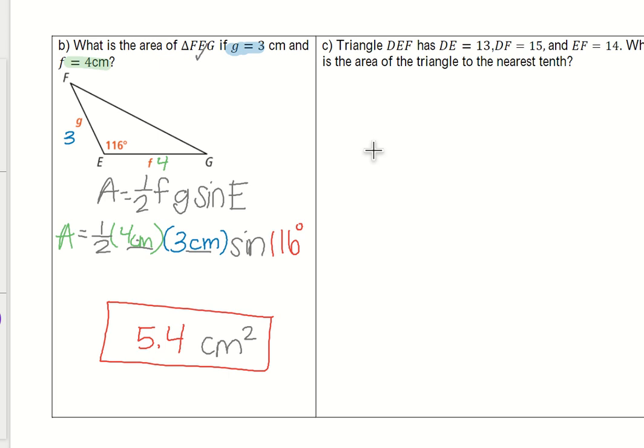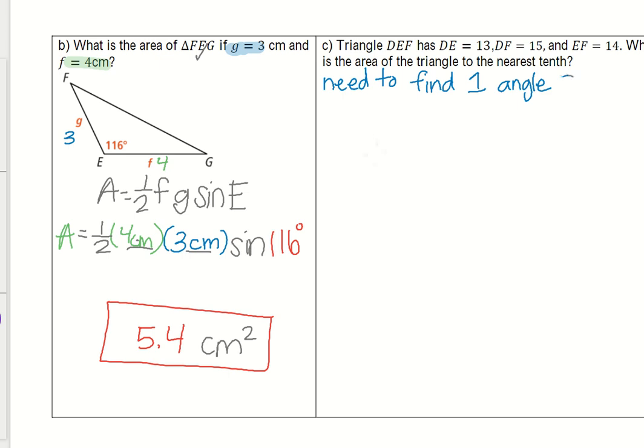Okay, so for our last one, they have given us 3 sides of a triangle. And so we need to know 2 sides and an angle. And so in order to solve this, we need to solve for one of the angles in order to use our area formula.